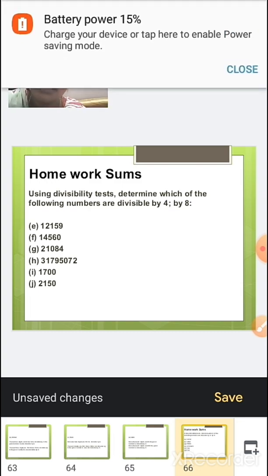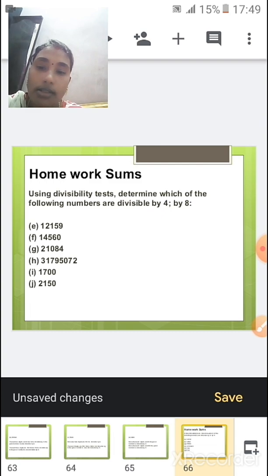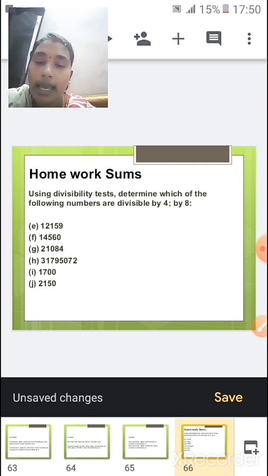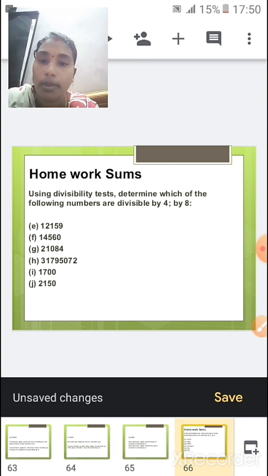Let me repeat. 3 crores 17 lakhs 95,072. And the I sum you have 1700 and J sum you have 2150. So these are the sums you are going to do as homework, and you are going to check whether these numbers are divisible by 4 and by 8.